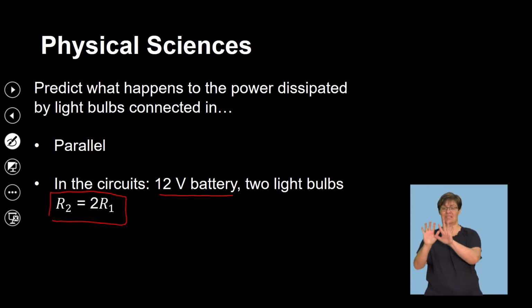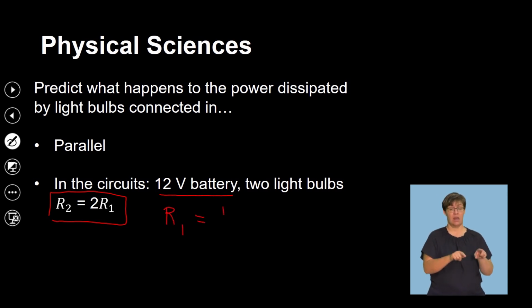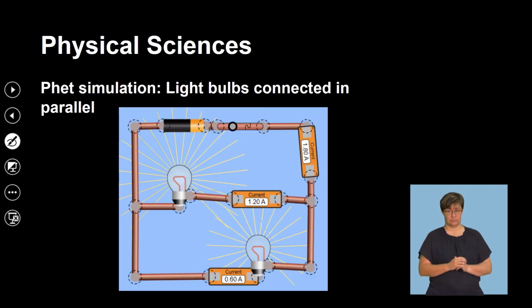In other words, R1, the resistance of light bulb 1, is equal to half the resistance of R2. We're still saying the same thing, right? So we'll set up a circuit of this form and look at the different quantities of electric circuits, which are your current, your voltage, and your resistance as well.